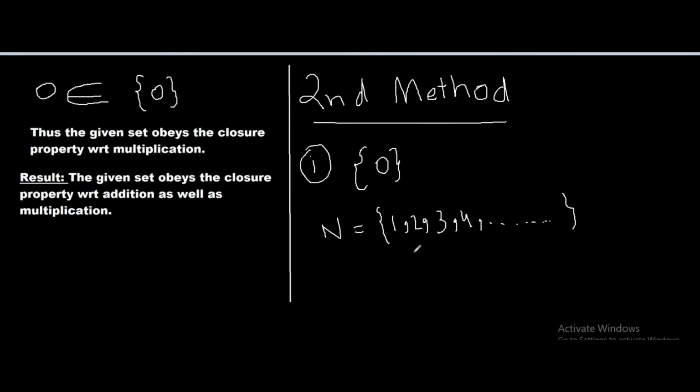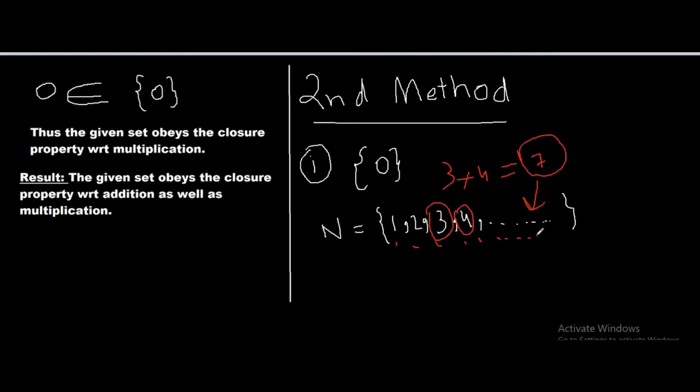If you try to add any two numbers, for example 3 and 4, what will be the result? The result is 7. So you can see that the result 7 is also included in this set, because 1, 2, 3, 4, 5, 6, 7, 8 go on unlimited toward infinity.